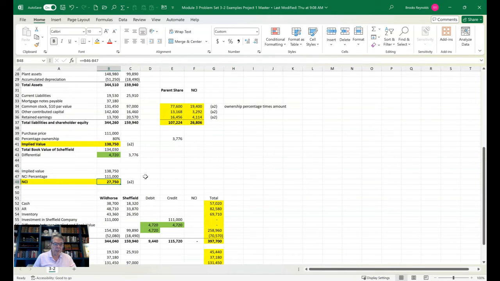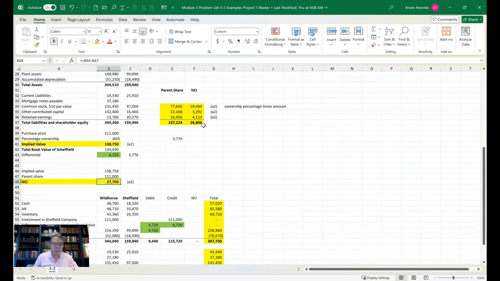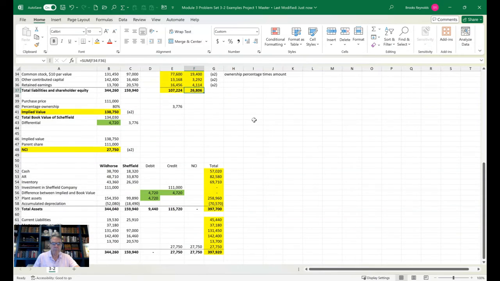So the NCI, of course, is going to be the difference between the implied value and the parent share. This should say parent share. And so they're going to be a total of 27,750, and the difference between 27,750 and 26,806, of course, is going to be the markup for the NCI portion.